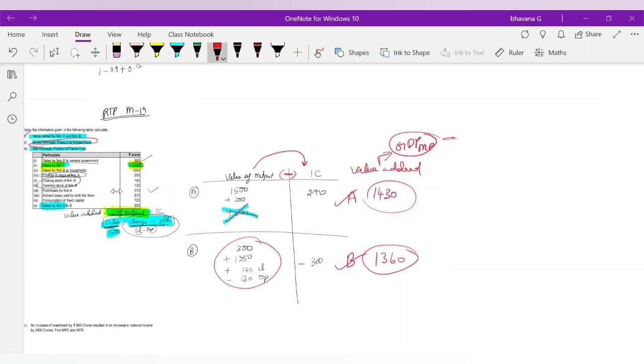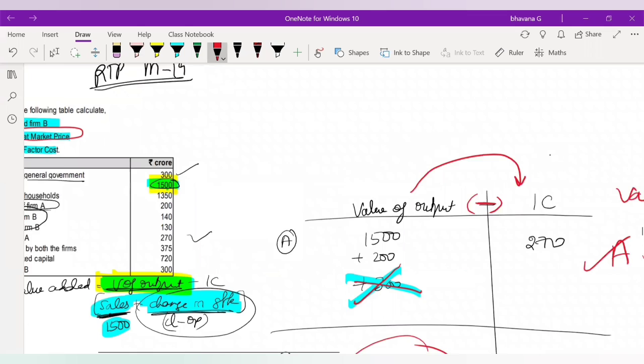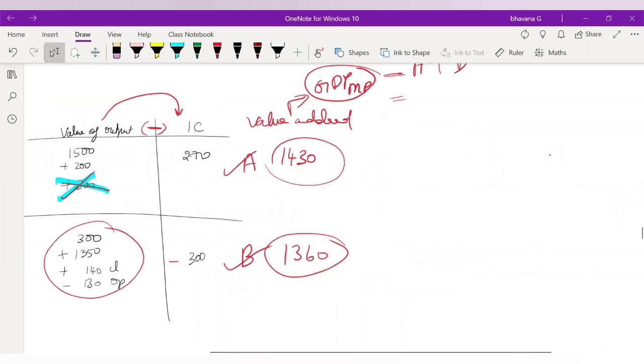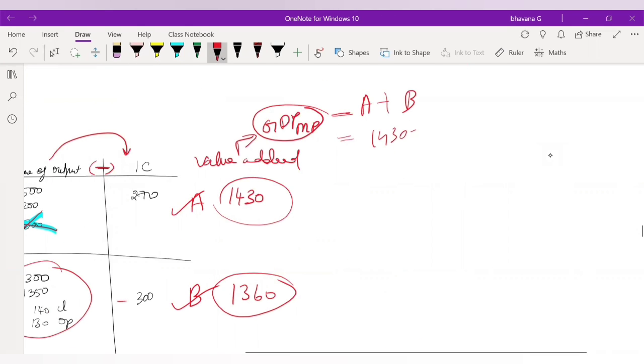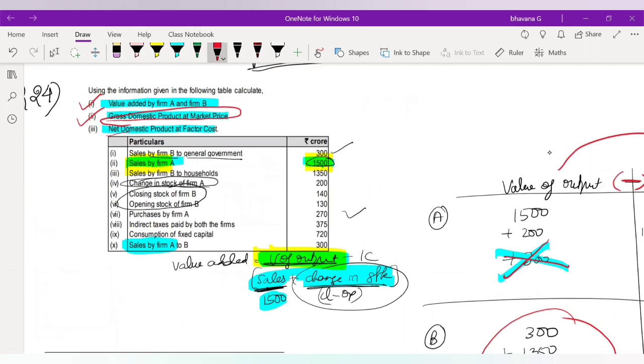So GDP MP will be value added of firm A plus firm B. So you have to add 1430 plus 1360, and you'll get your GDP MP. That is your second question answer. And your final question answer is NDP-FC.